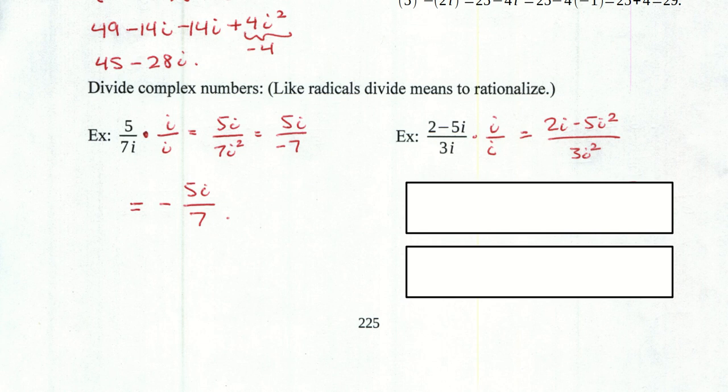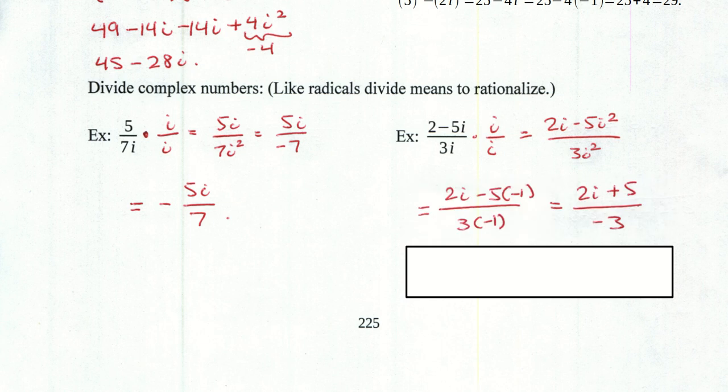The numerator, we're doing that distribution. So i is being multiplied by 2, giving us 2i. i is being multiplied by -5i to give us -5i squared. Now, both of those i squareds have to be simplified. So in the numerator, the i squared gave us a -1. And the same thing downstairs in the denominator. The i squared gave us a -1.